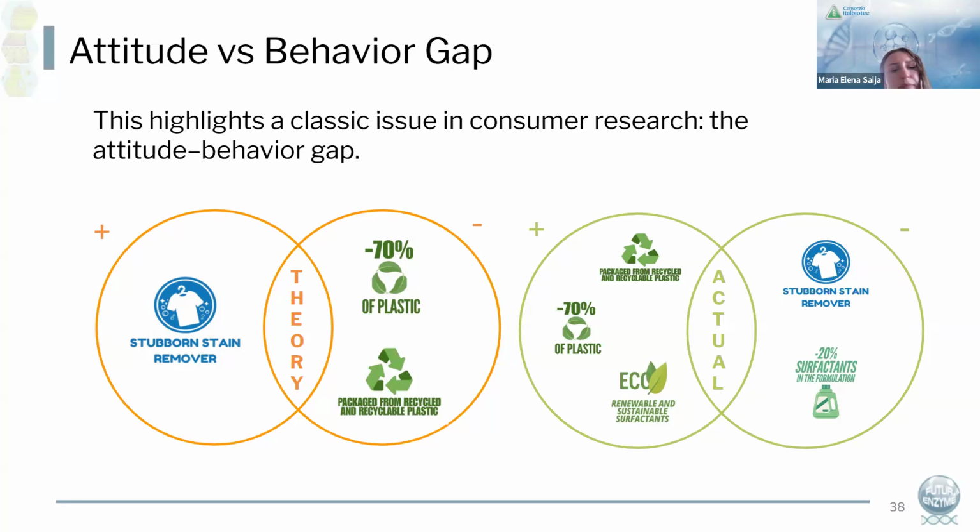This result could be related to the presence of what is called the attitude-intention-behavior gap, which refers to a discrepancy between the stated values of an individual or organization and their actual action.